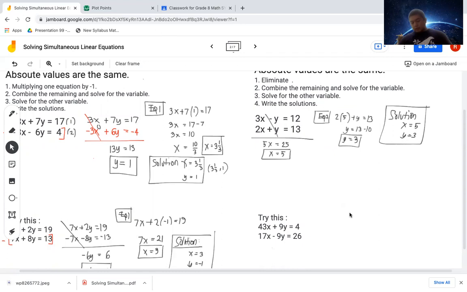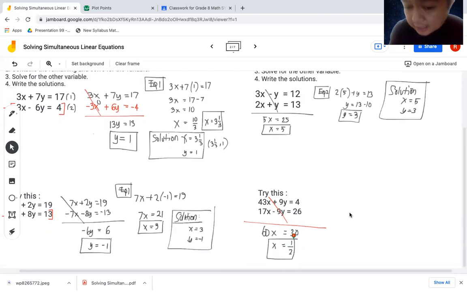Okay, now I assume that you guys have your answers. So we will just continue the process. So this is going to give us 60x is equivalent to 30, which means that x is equivalent to half. All right. And then we're going to substitute these values again.